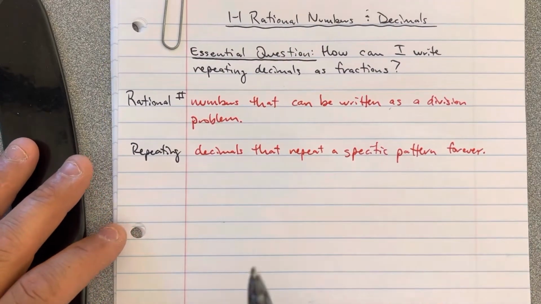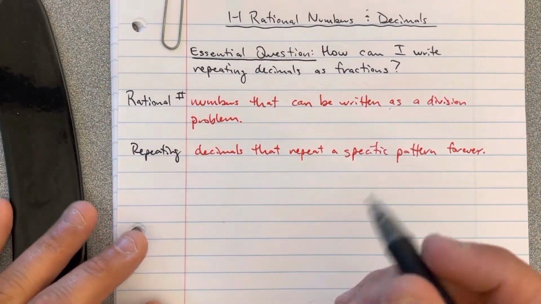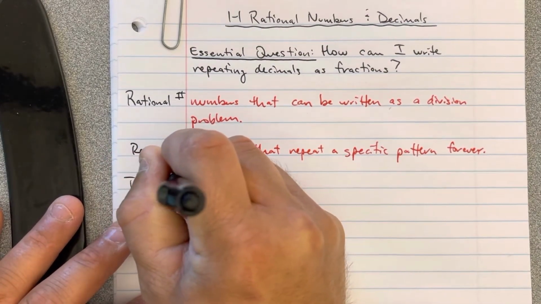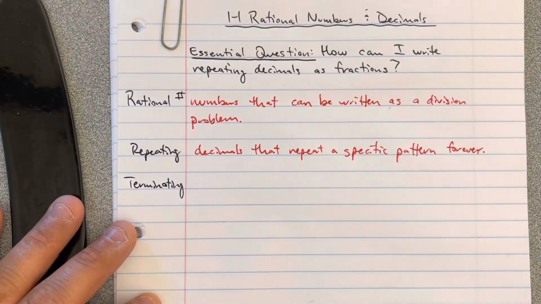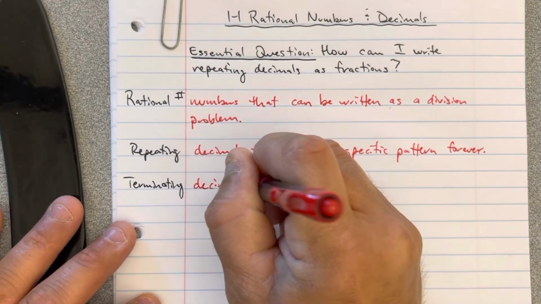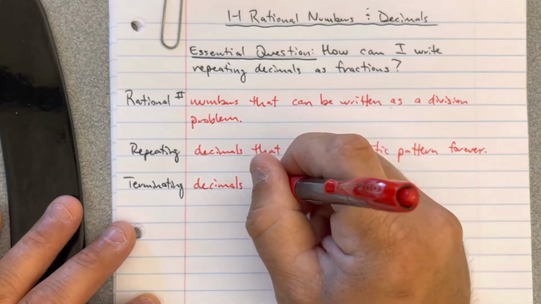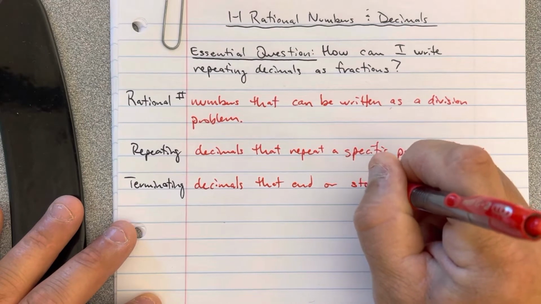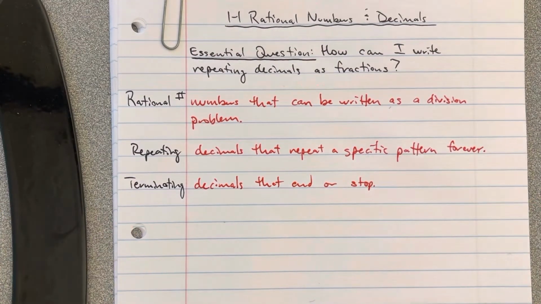And then another type of decimal would be terminating. These are decimals that end or stop in general.